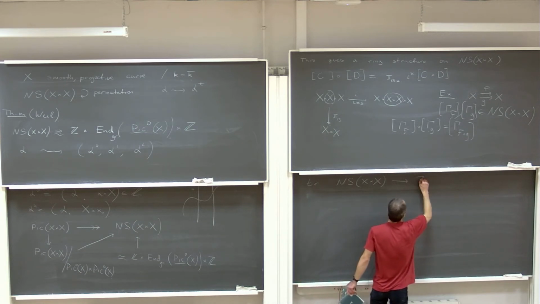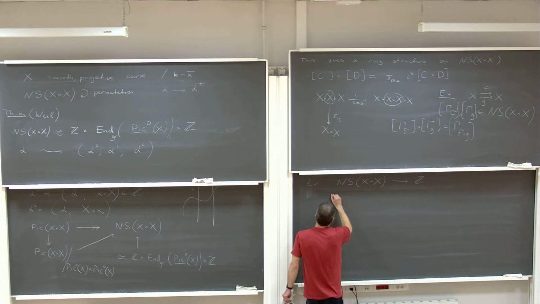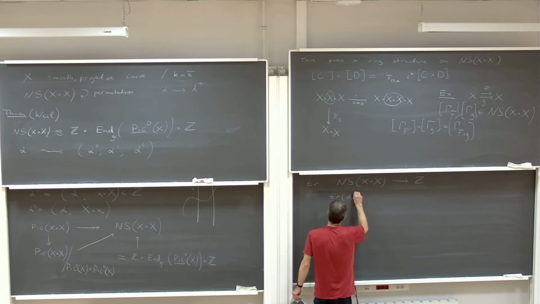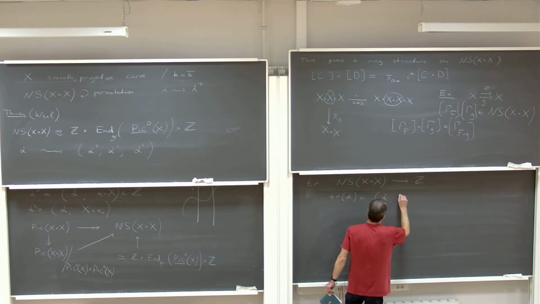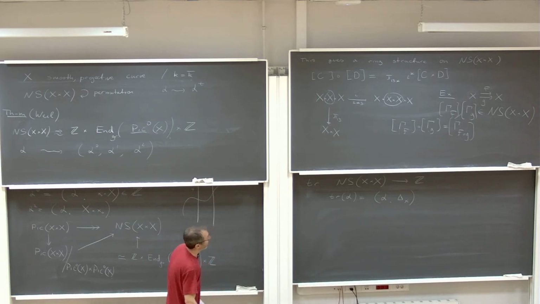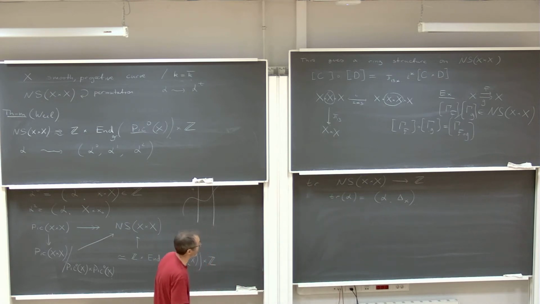This is a map of abelian groups, which takes alpha, a cycle, to its intersection with the diagonal. So in the case of gamma F, this is just the number of fixed points of F.